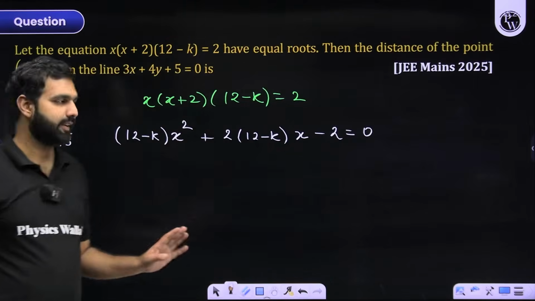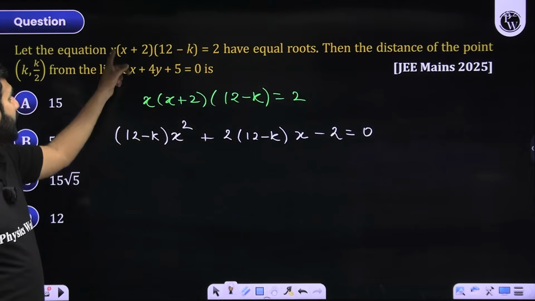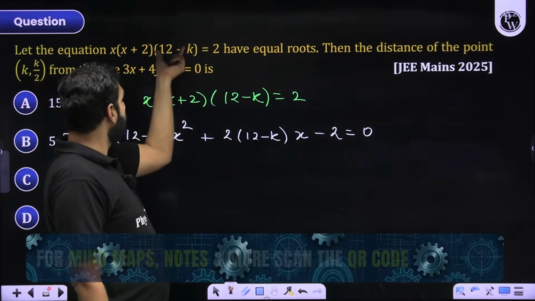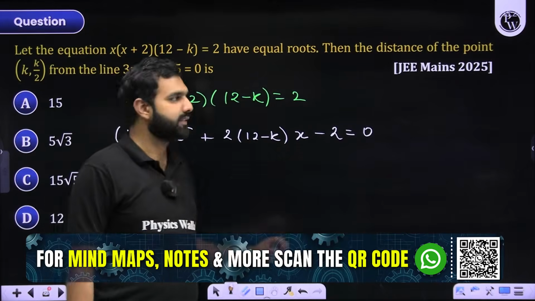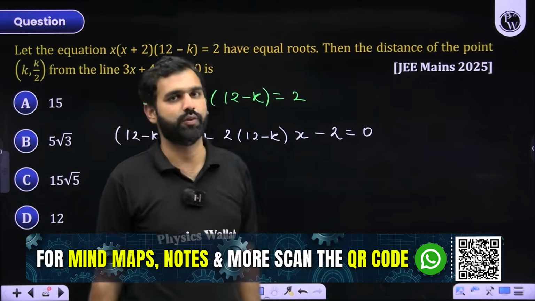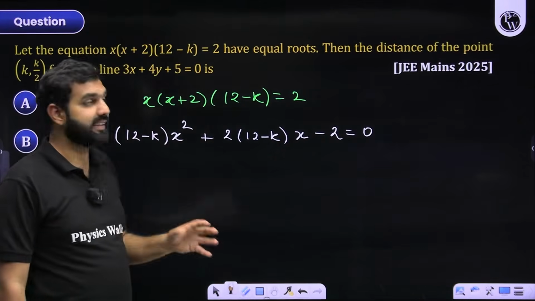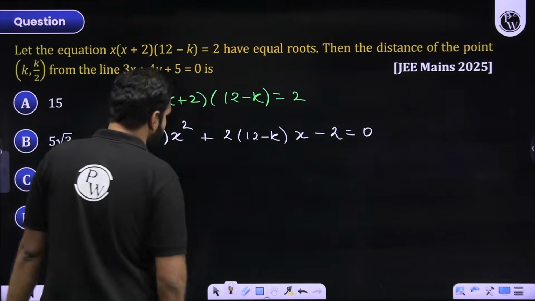Did you get this result? I repeat, the result is pretty simple. 12 minus k into x is 12 minus k times whole of x square, plus 2 into 12 minus k into x, and this 2 is brought here, and this is equal to 0. This is clearly a quadratic in x, but this quadratic has equal roots, which means its discriminant should be 0. Its discriminant should be 0 means what?